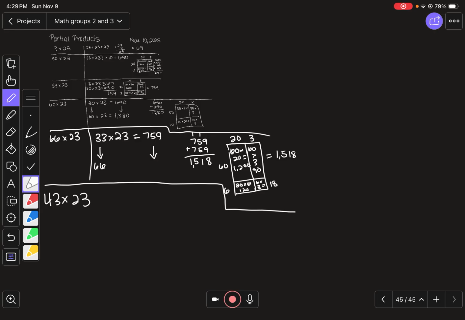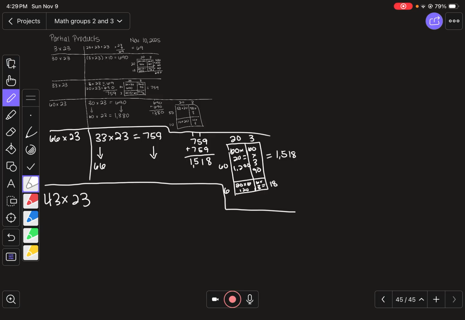43 times 23. We have not necessarily had a double of this number that we could use, but what information do we know, or how could we make it easier? One thing that I like to think about, just like we've done in our area model, is splitting those bigger numbers apart to help with this.